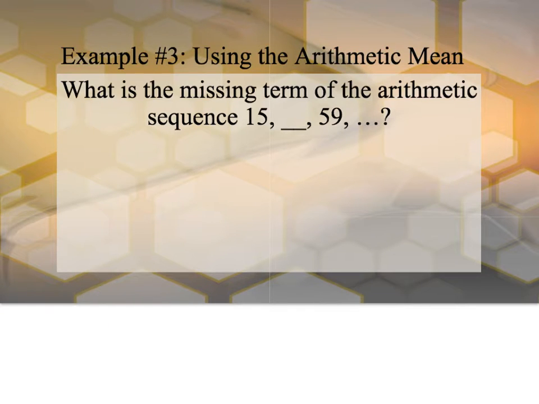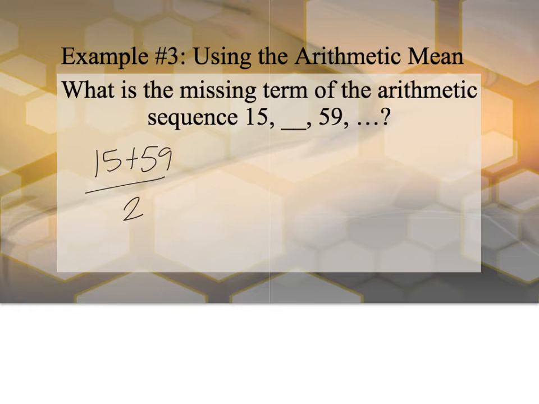All right, so in example 3, we're going to use still pretty much the same thing, except now we're going to add on arithmetic mean. And it's not really difficult at all. Finding the arithmetic mean is honestly just adding the first and the last number and dividing by 2. So in this case, we're going to add 15 plus 59 and then divide by 2.